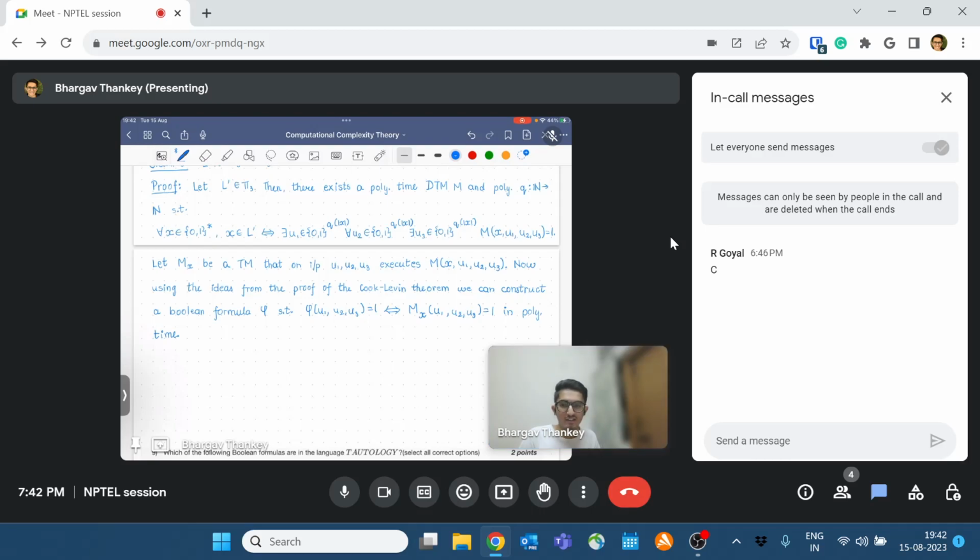In the Cook-Levin theorem, we saw how to convert a deterministic Turing machine that takes some additional inputs into a formula. Using that, we can convert mx, which is just m hardwired with x, into an equivalent Boolean formula. Now phi is 1 whenever mx is 1, but mx is 1 whenever m is 1. So we get this.